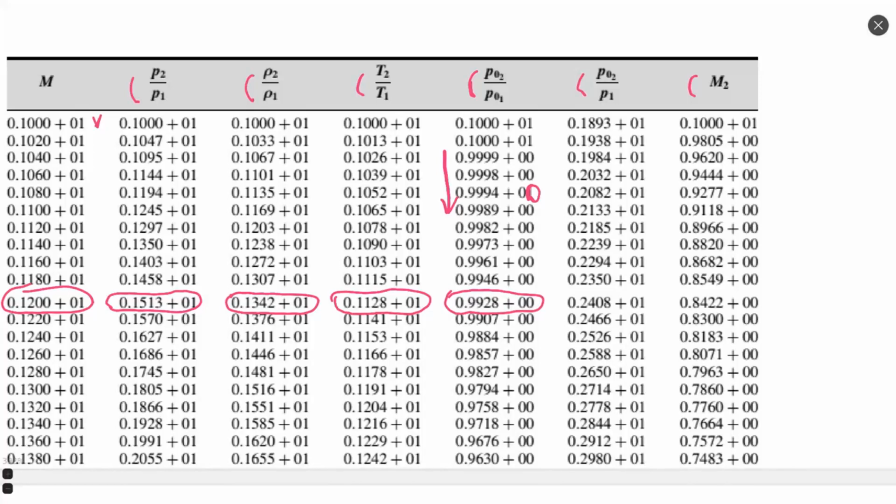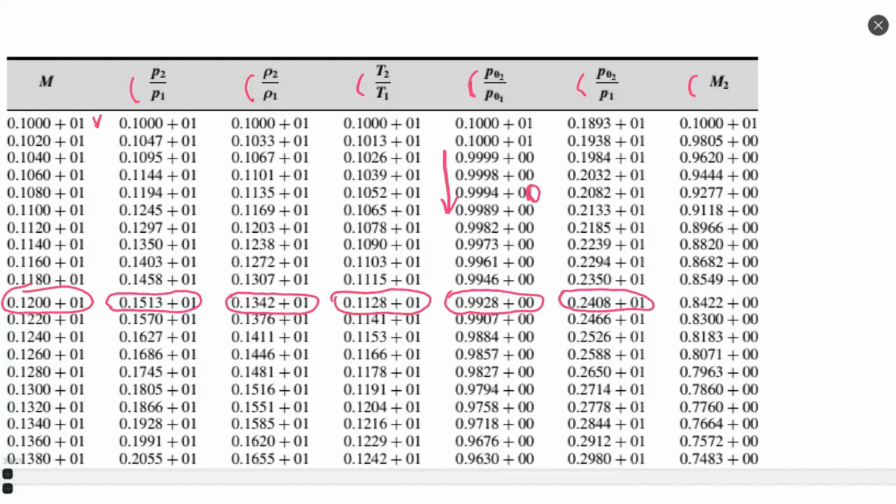It's a very good efficiency. We lose just a bit more than 0.7%. It's almost nothing to lose. And we have a ratio of stagnation pressure of approximately 2.4 with respect to static pressure before the shock wave.